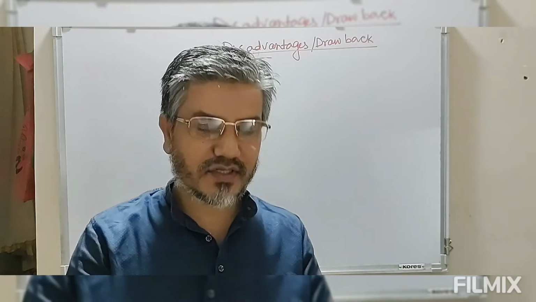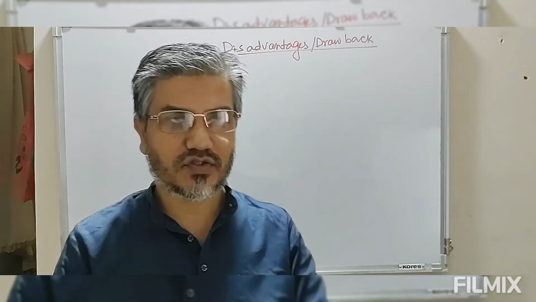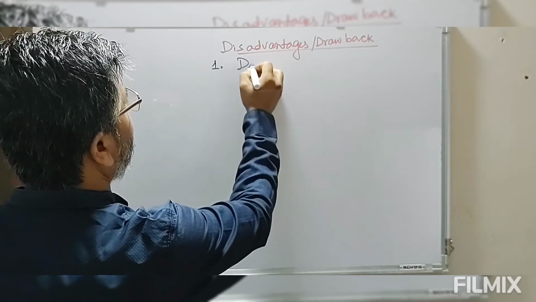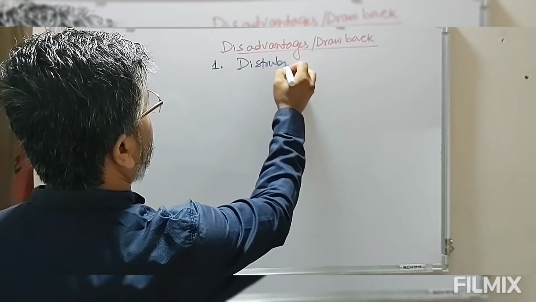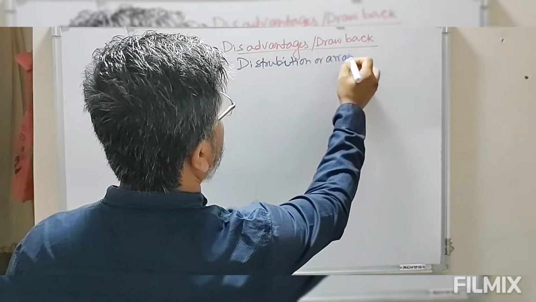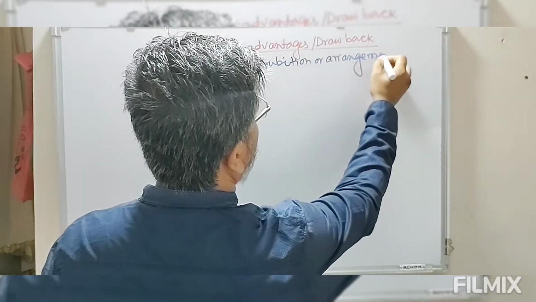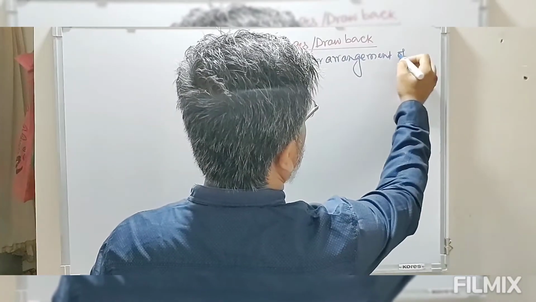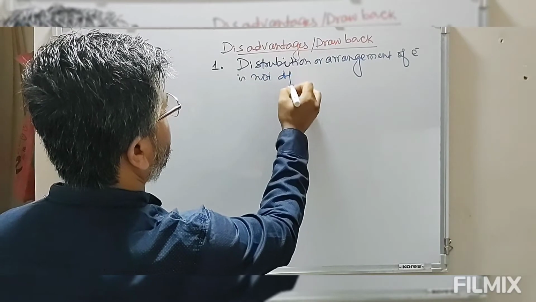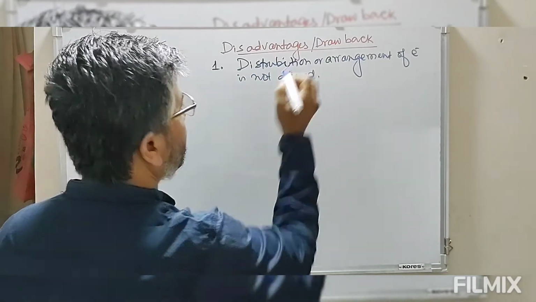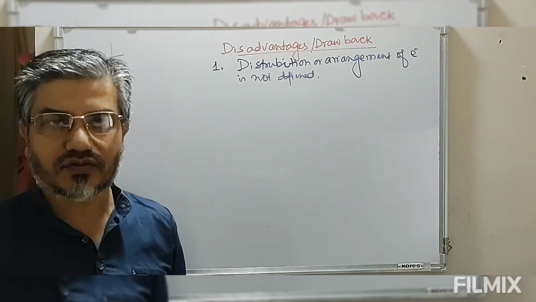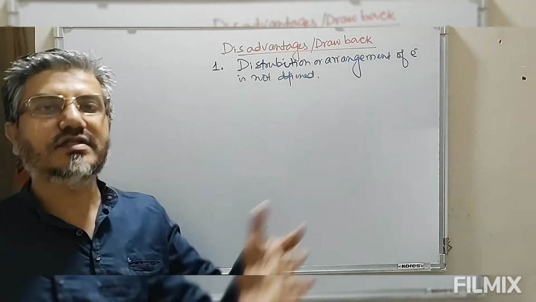So the distribution or arrangement of electrons is not defined here. We cannot define how these electrons are arranged inside this atom around this nucleus.